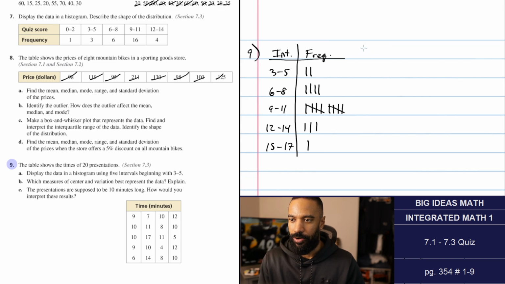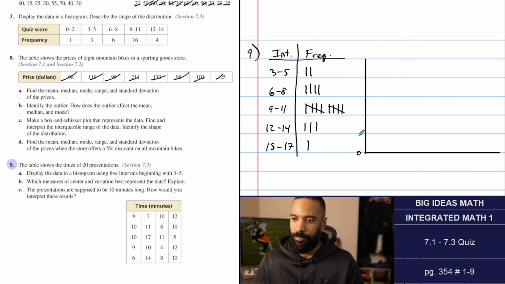Let's see if I can just fit it here on the side. We are going up to 10, so 2, 4, 6, 8, 10 should be enough. Okay.